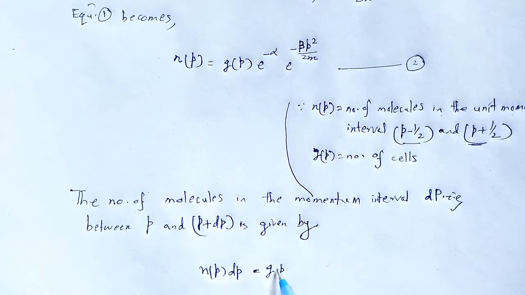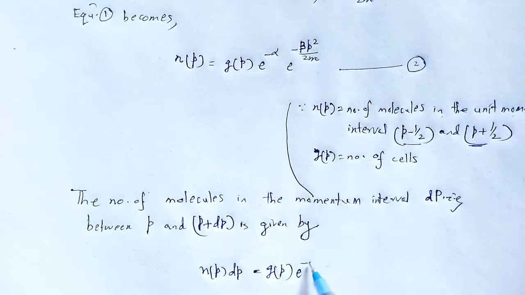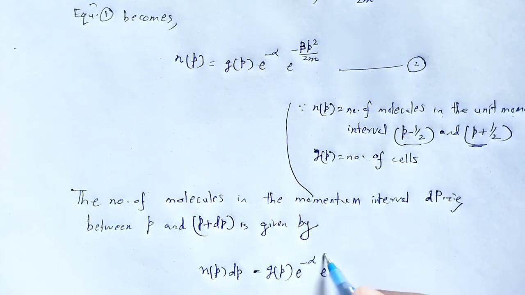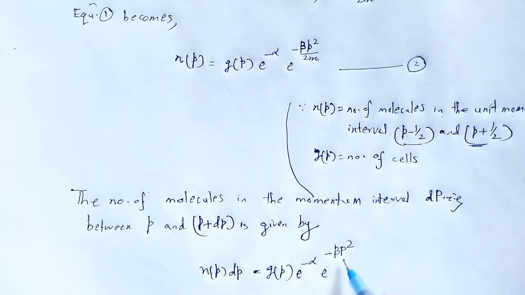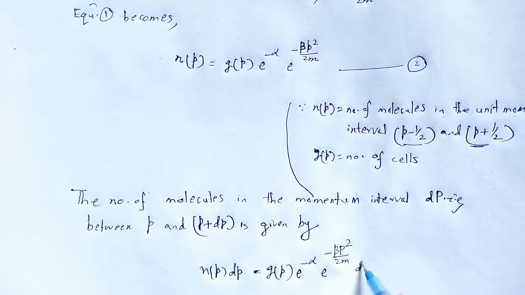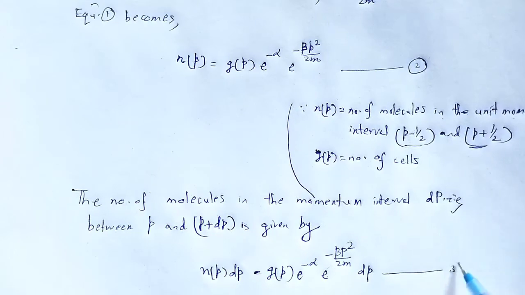That is G of p e to the power minus alpha e to the power minus beta p square divided by 2m dp. That is equation number 3.